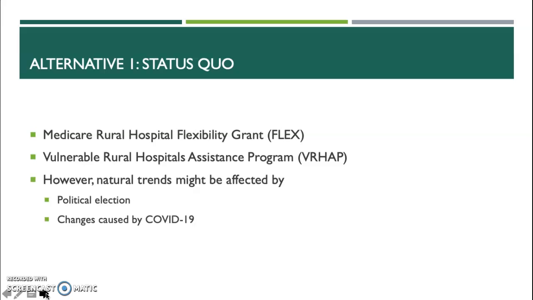And the Vulnerable Rural Hospital Assistance Program provides targeted, in-depth assistance to vulnerable rural hospitals struggling to maintain healthcare services, with the goal for residents in those rural communities to continue to have access to essential health services. However, current trends might be affected by the political election that's currently happening in the US and also changes caused by COVID-19.